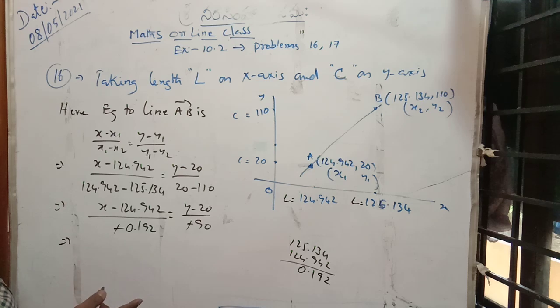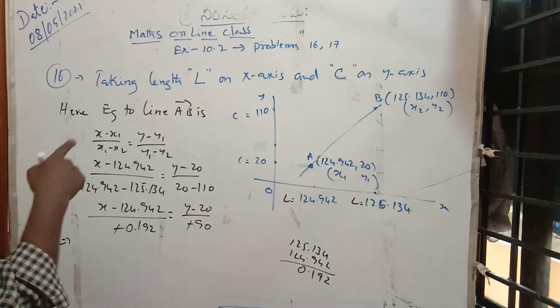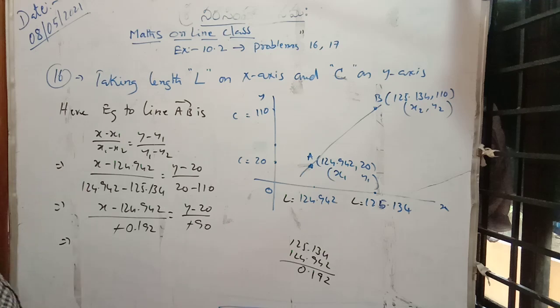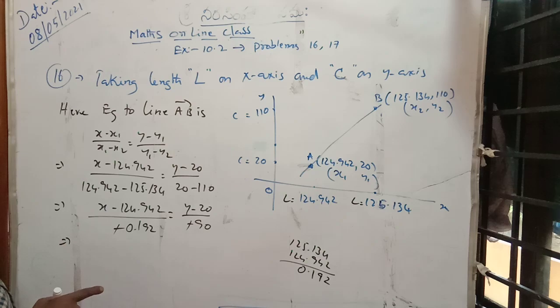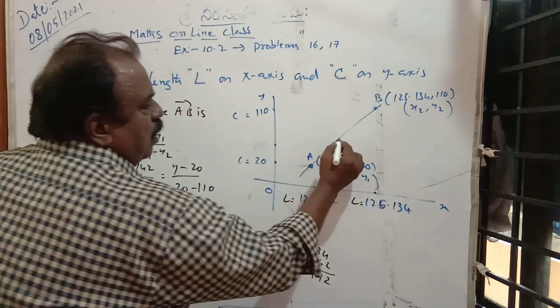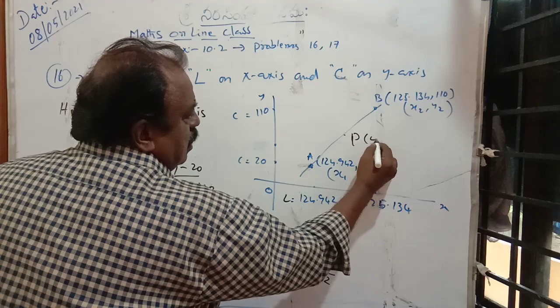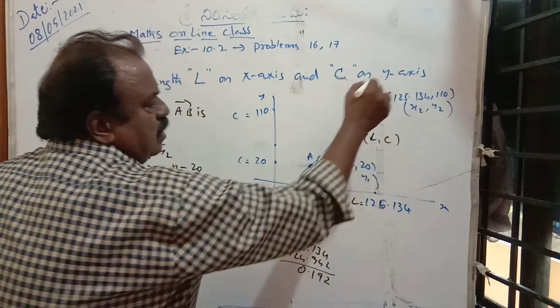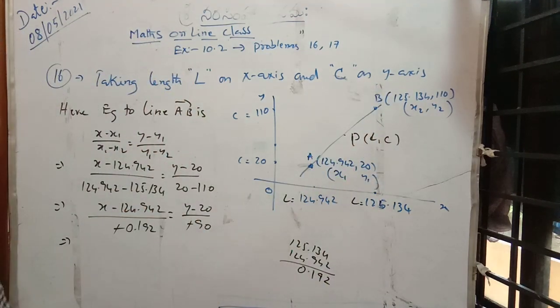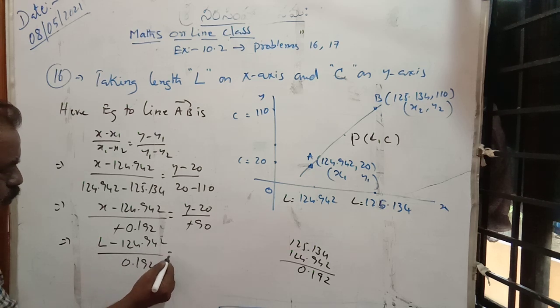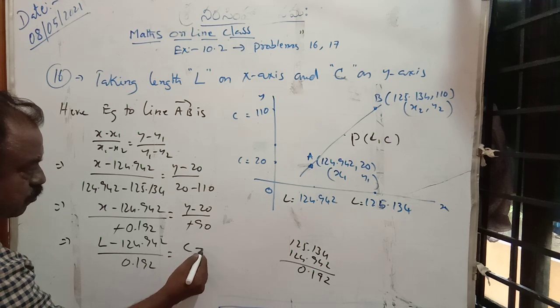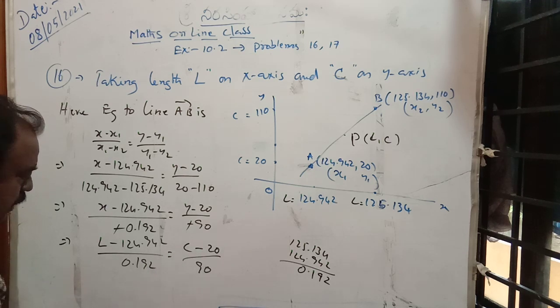What are we asked? The length in terms of C is asked. Where is the length? Generally we take a general point P, which is L comma C. So we use here L minus 124.942 by 0.192, and y is C, so C minus 20 by 90.